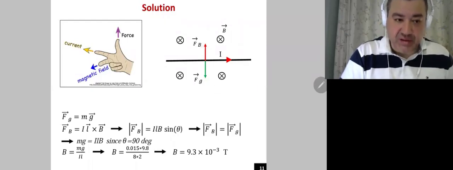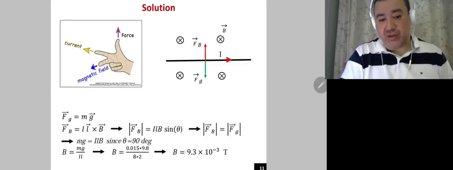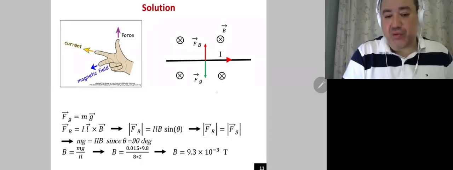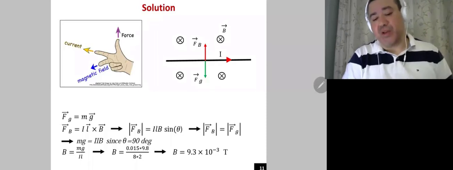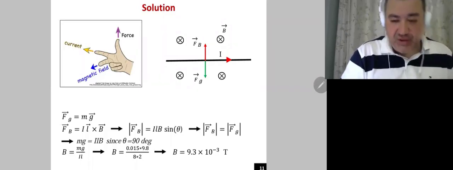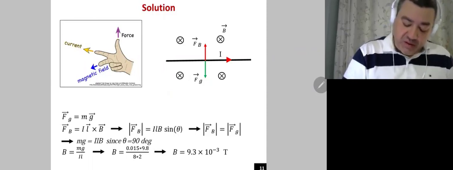We said that this force would be the magnetic force induced due to the existence of this current with the magnetic field that we need to apply, a uniform magnetic field. We need to find out the direction of this magnetic field.